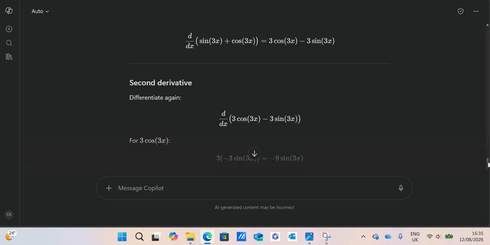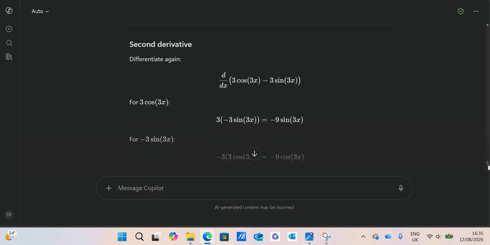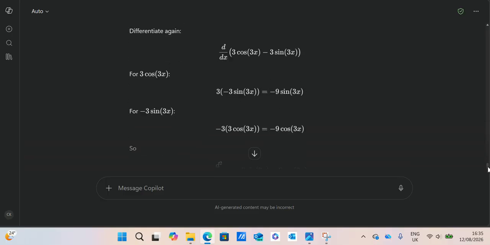Second derivative. For 3 cos 3x, it goes to 3 by this, so minus 9 sine 3x. That's what I had. Okay. I also had minus 9 cos 3x. Minus 9 cos 3x. Okay.